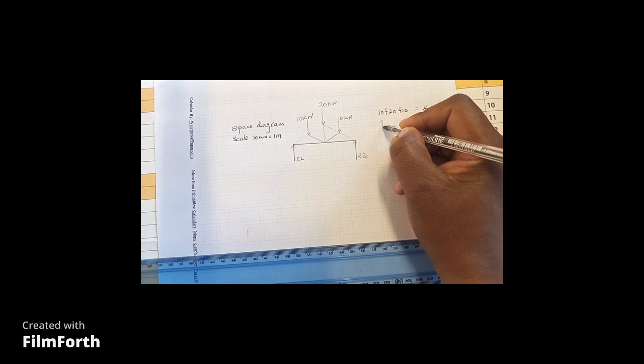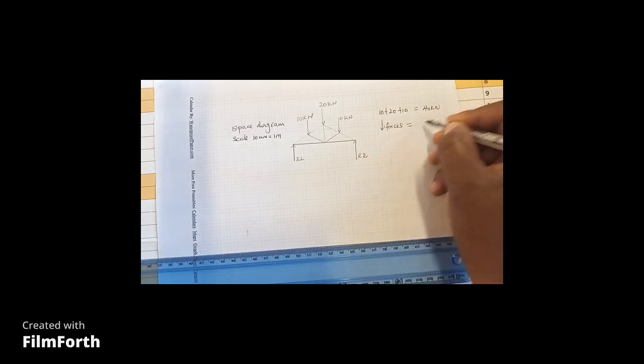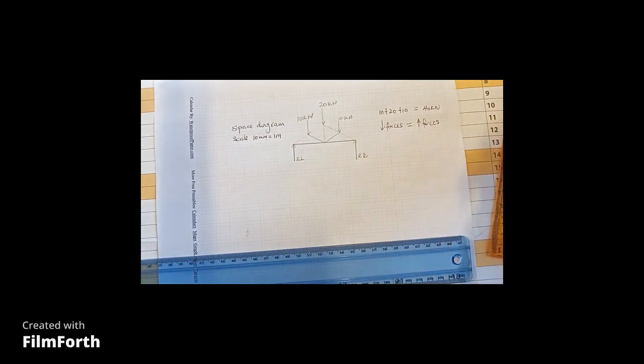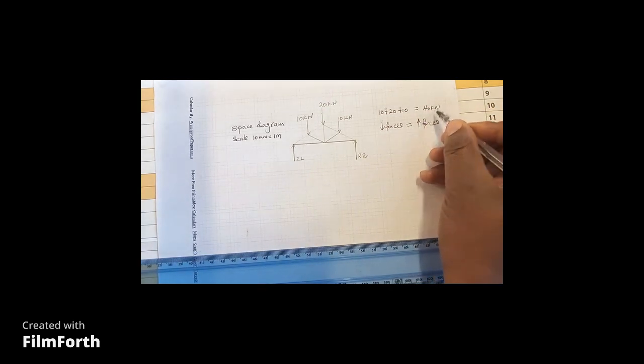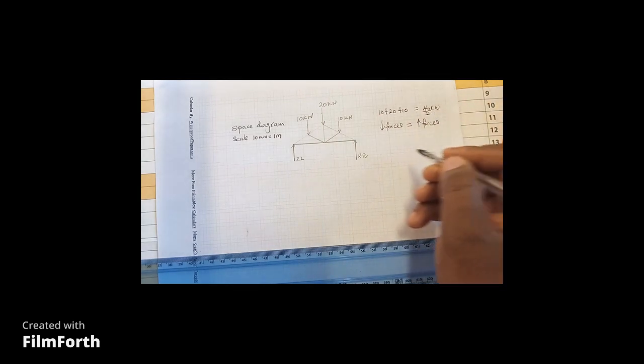So if downward forces should be equal to upward forces, it simply means that, for us to get the reactions, we are going to divide 40 by 2 so that we can have our reaction.